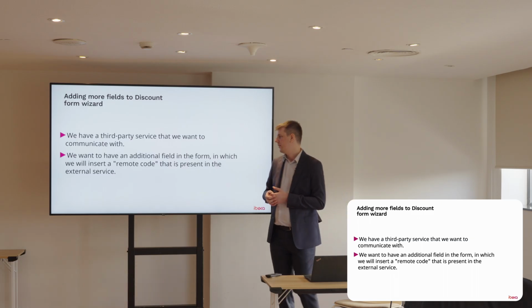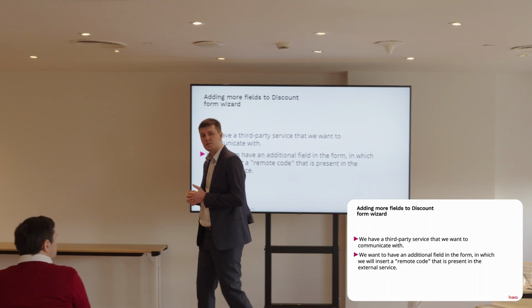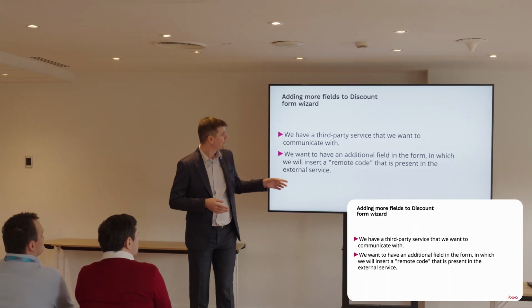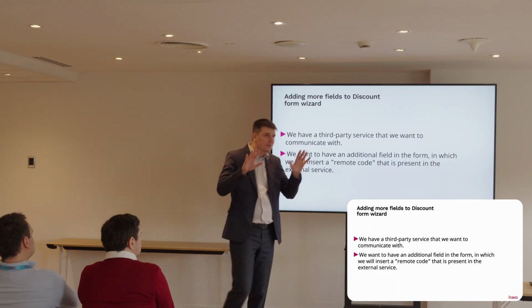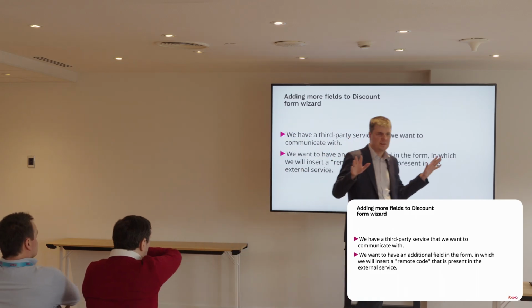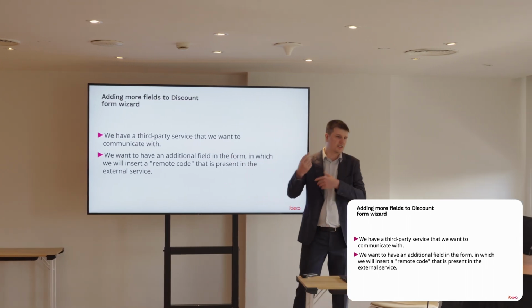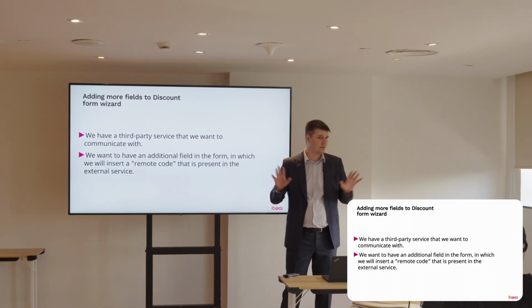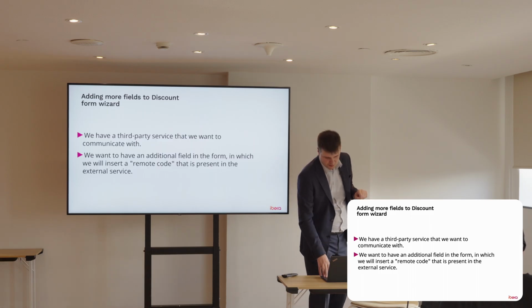So we want to have an additional field in the general step, which will contain the remote code, which, imagine, will be sent at the end of this process to the remote service, and it will register that, hey, I've got a discount. I just created the discount. So how do we approach this?